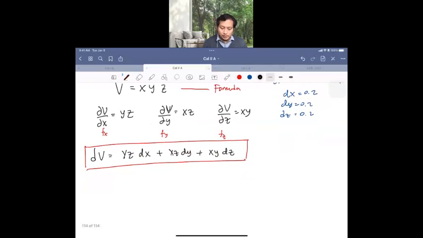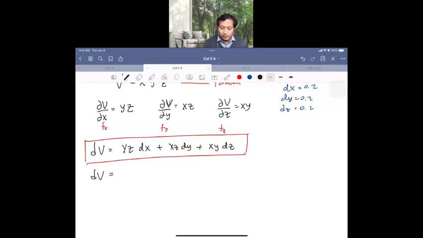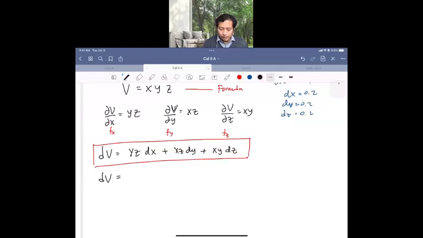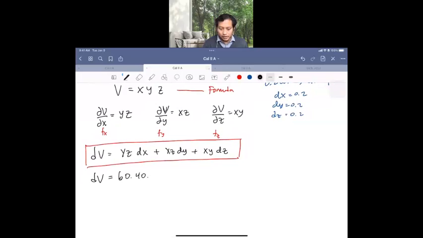Now we calculate for dV, we calculate all. So let's say this is x, y, z. So this is 60, 40, and 0.2. This is 75. Sorry, maybe 75, 40, 0.2 plus 75, 60, 0.2. This will be 2,400.